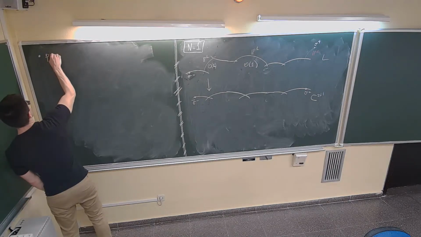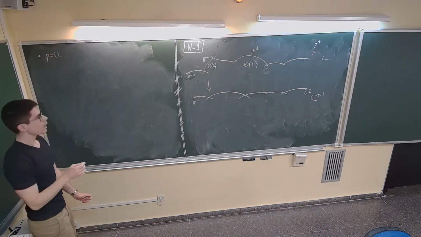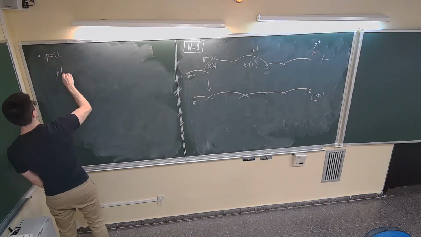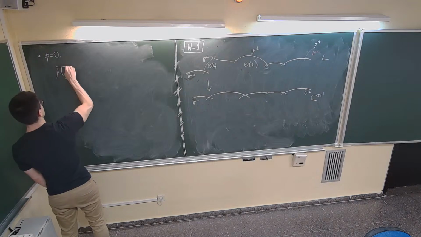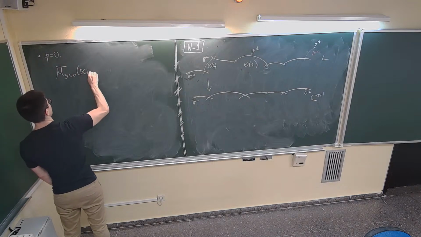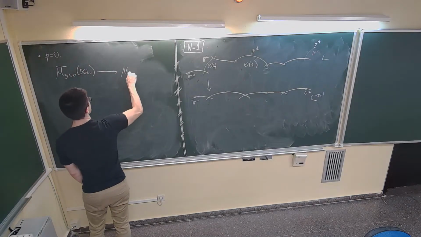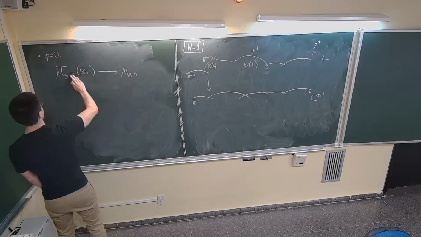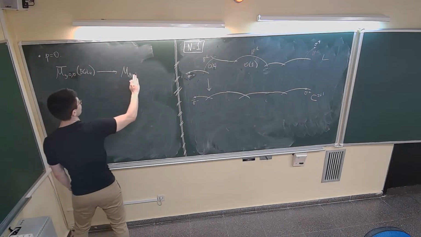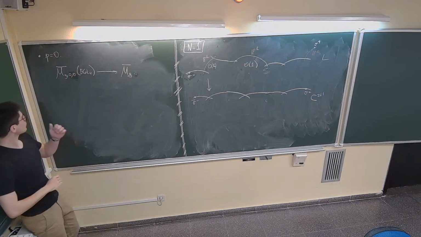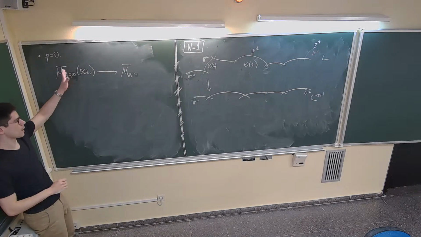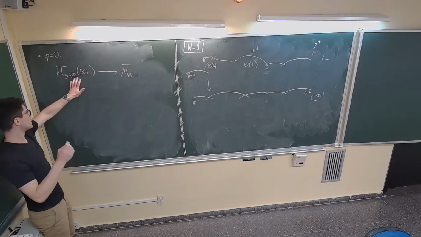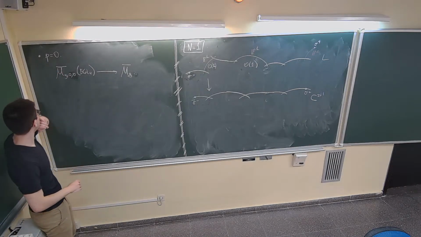So when p is equal to 0, then we have this moduli, which I said is going to live over M_g. Let me put both of them to be equal to 0. So this is going to be a moduli of Gieseker bundles over M_g bar.